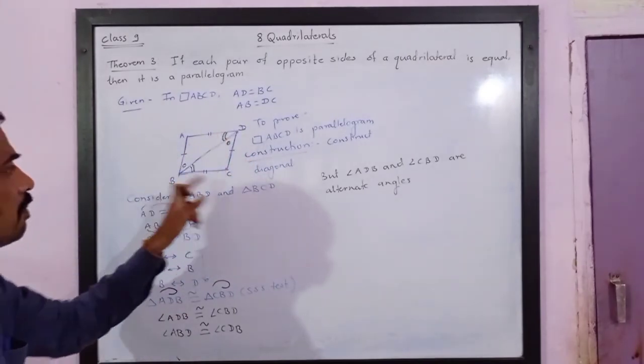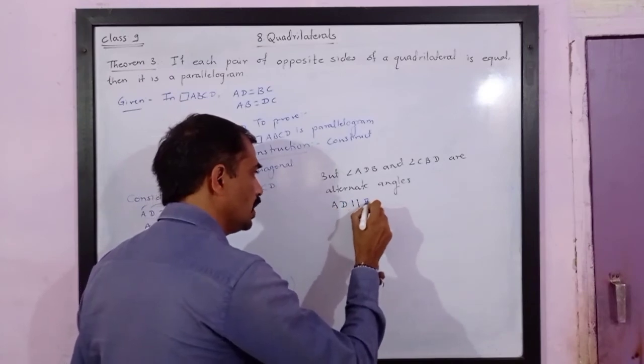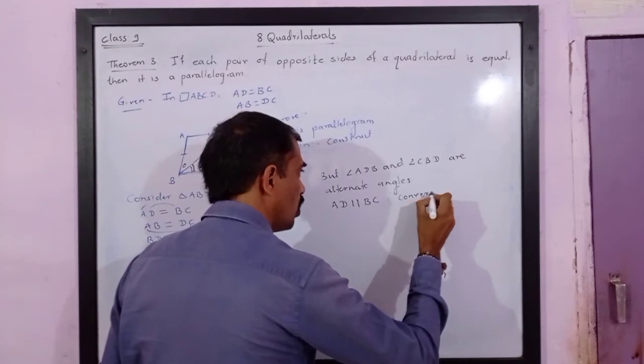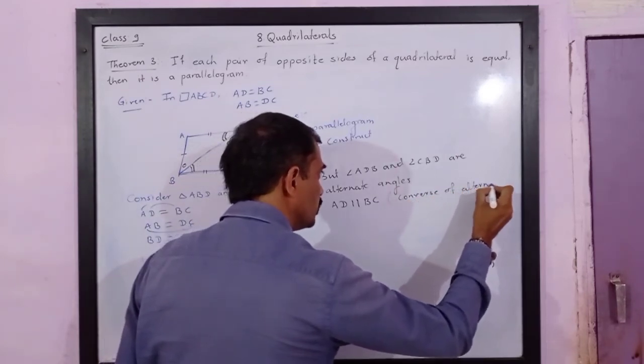That is, AD is parallel to BC. Reason is converse of alternate angle theorem.